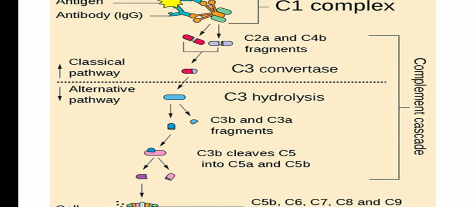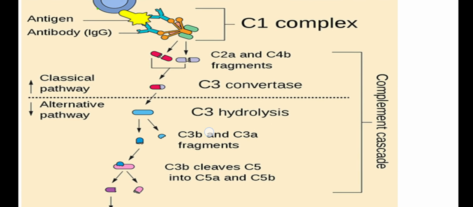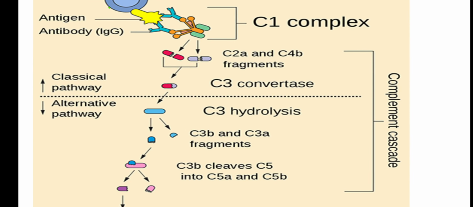After this, C4b acts as C2 convertase and breaks down the C2 protein into C2a and C2b, among which C2a, the larger subunit, will attach to the pathogen and C2b will be degraded.